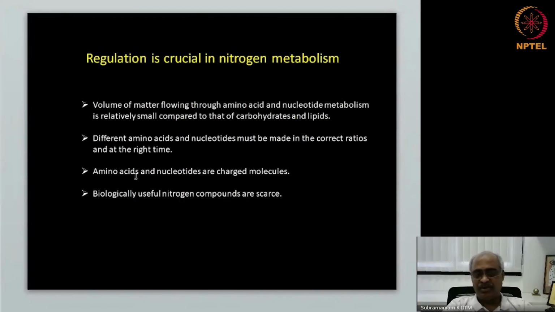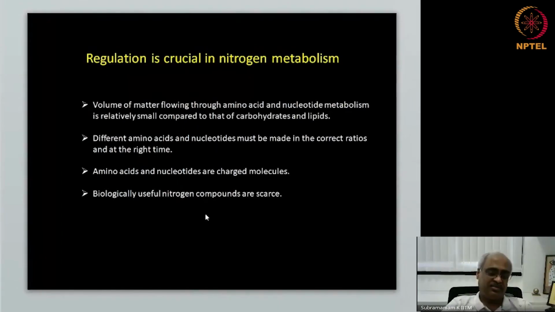And a third point is amino acids and nucleotides are charged molecules. These have phosphates attached and therefore they are significantly acidic molecules. And these have amino group and carboxyl group, both are charged molecules. And when you are playing with charged molecules, you can't have too much of them, then you will create electrochemical gradients. So therefore, this needs to be tightly regulated.